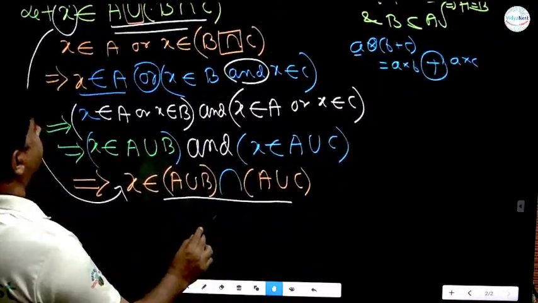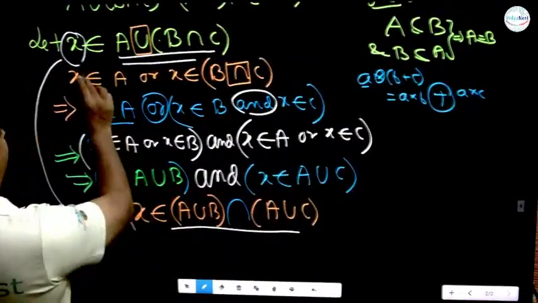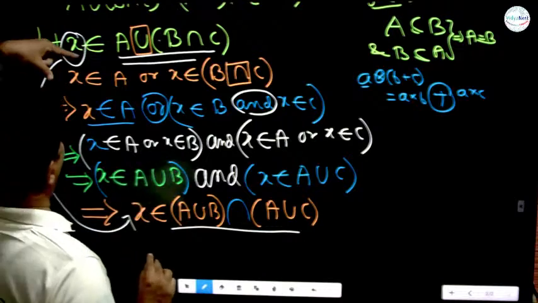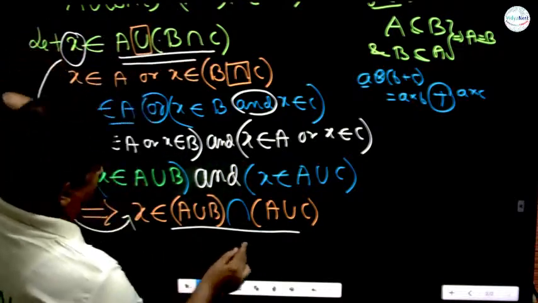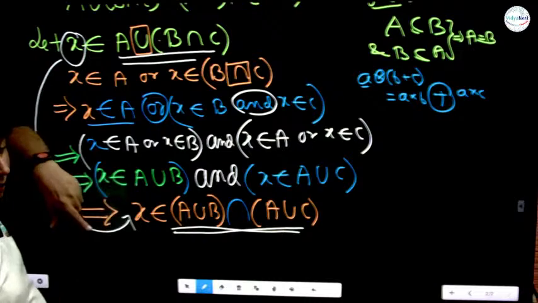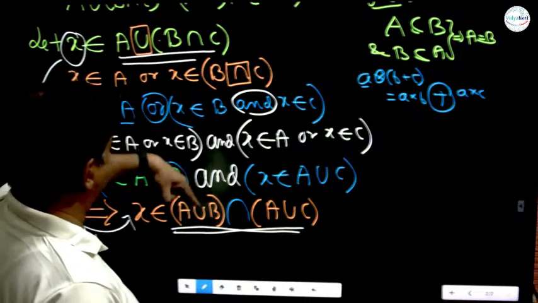So, once I got that concept that x belongs to this and the same x belongs to this, that doesn't mean that this will be equal to this.